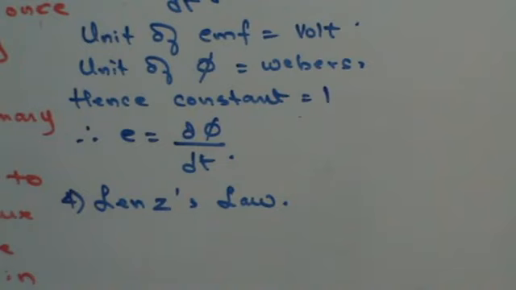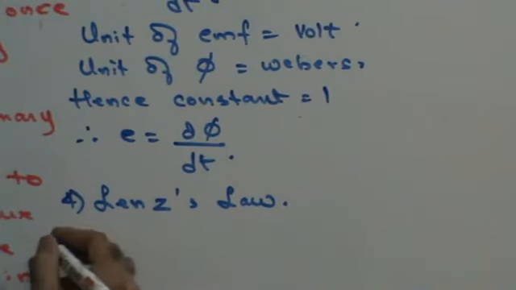So, if flux is in a particular direction, then EMF will be produced in the opposite direction. What he observed was that the direction in which you have flux and the direction in which EMF is produced are opposite to each other. So the EMF induced will be such that it will try to oppose the change in flux.